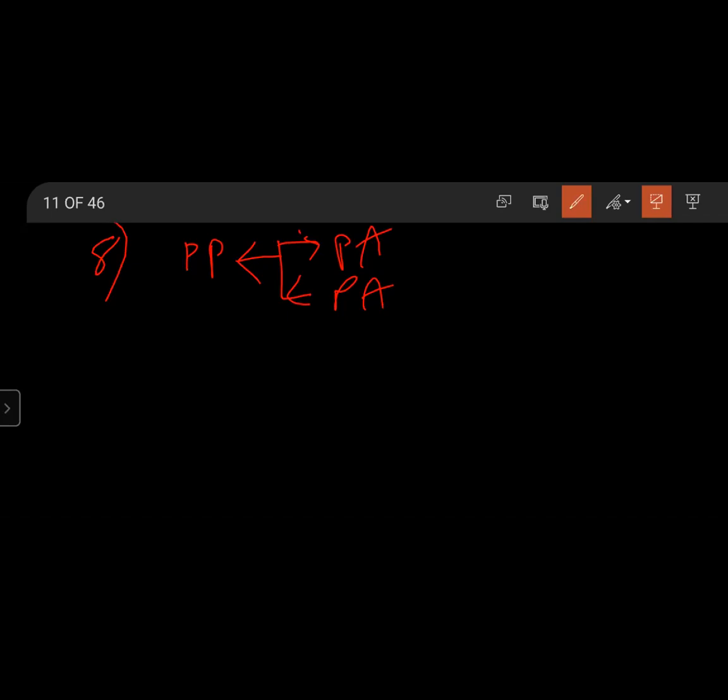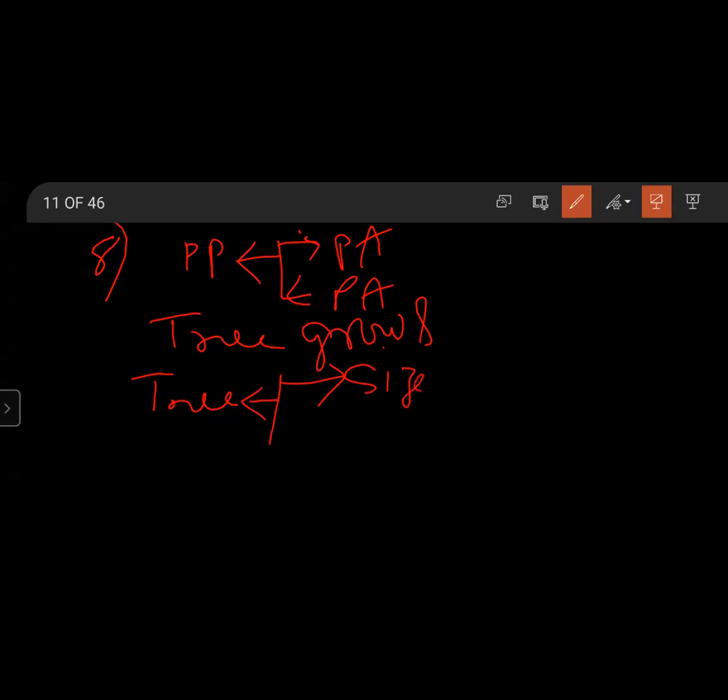For example, tree grows. In CD representation, size greater than C. Size equal to C. This is rule number 8.